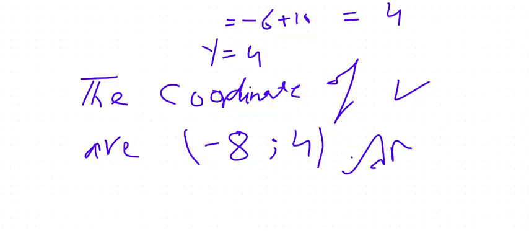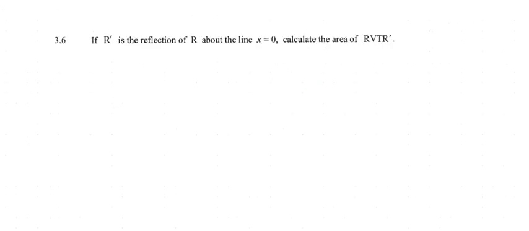The next question we have is 3.6. If R prime is the reflection of R about the line x equals 0, calculate the area of RVTR prime.